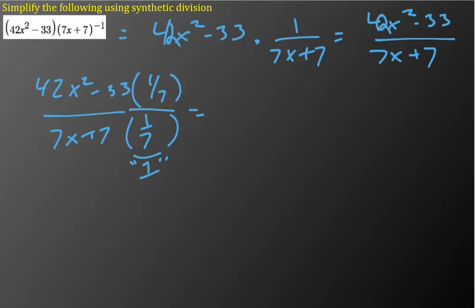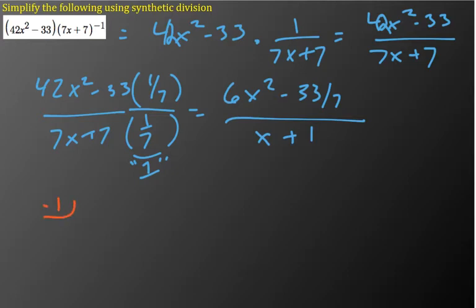And so really the division I'm going to do is 42 divided by 7, which is 6x squared, and then minus 33 over 7, and all that divided by x plus 1, okay? And now I can go and set everything up. So I have a root of -1, and then I have 6x squared, no x, and then negative 33 over 7 as my number. Bring the 6 down. And so this is actually what I was saying.